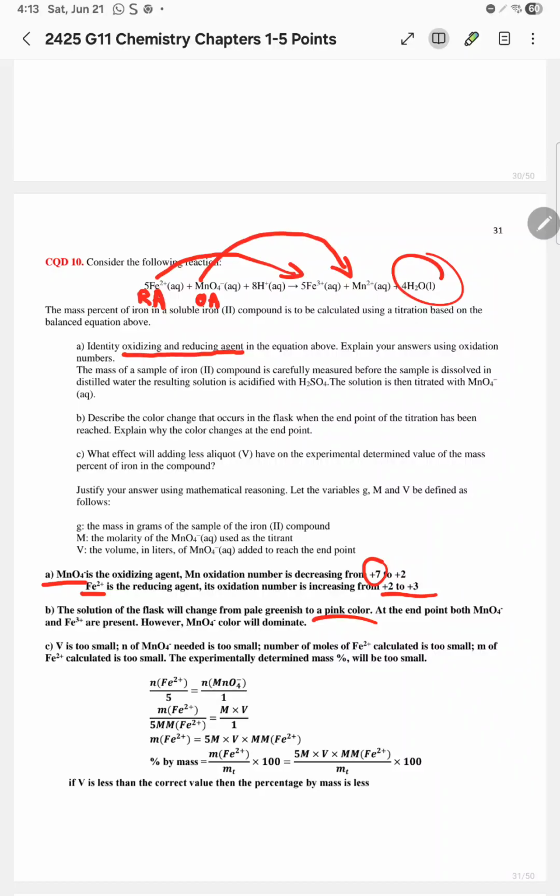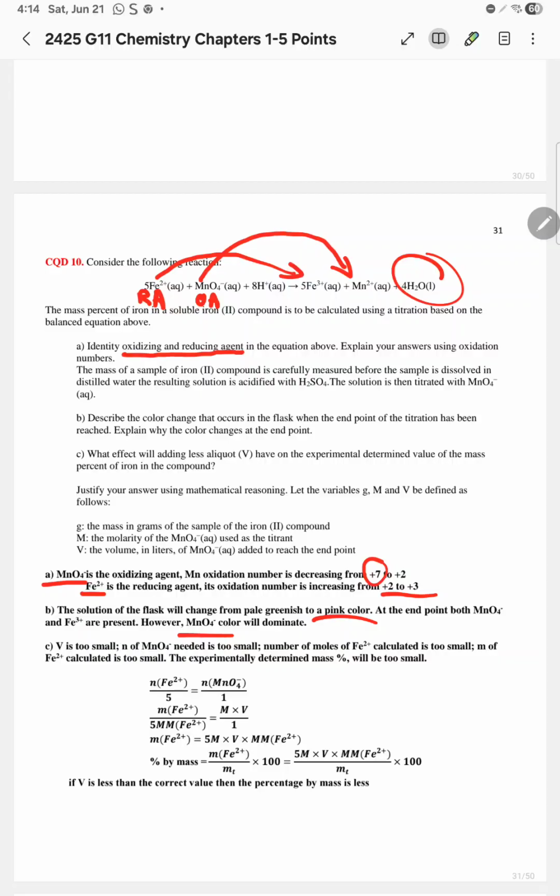I forgot the word in English, it dilutes it. Since it dilutes it, the color of the brown Fe3+ also dilutes, and the MnO4 color is going to dominate. At the endpoint both are present, but the color of MnO4 dominates over the Fe.